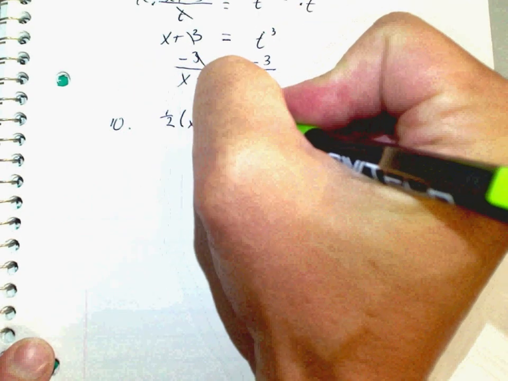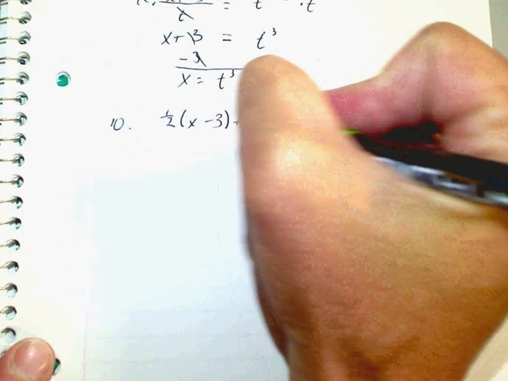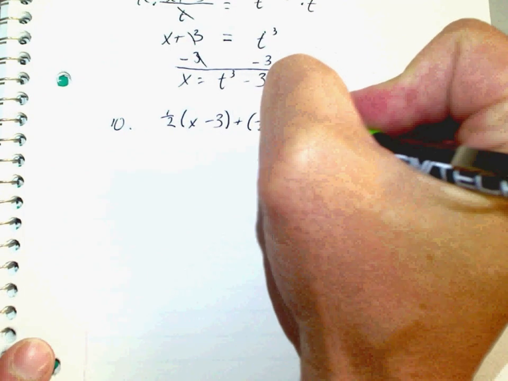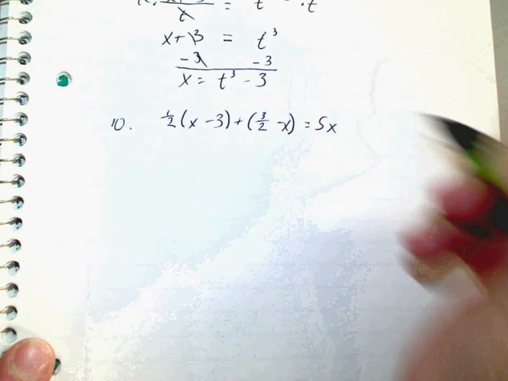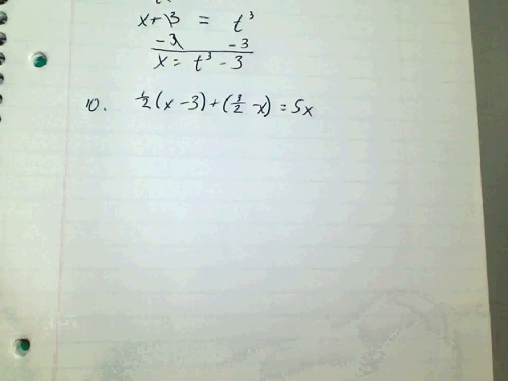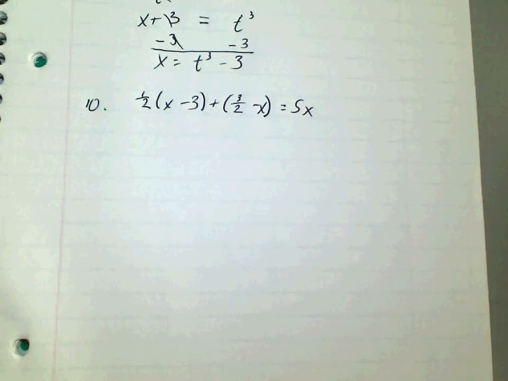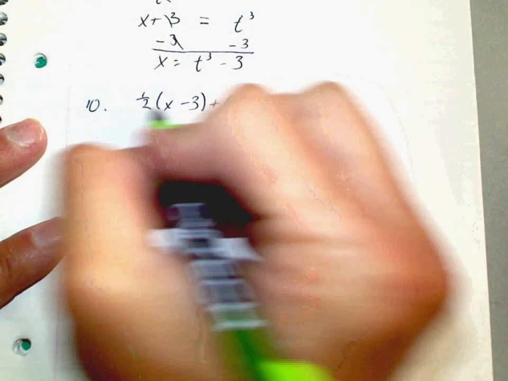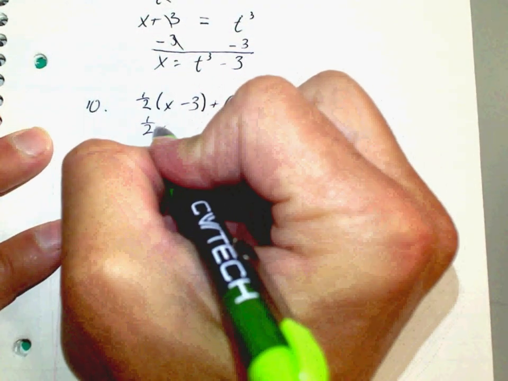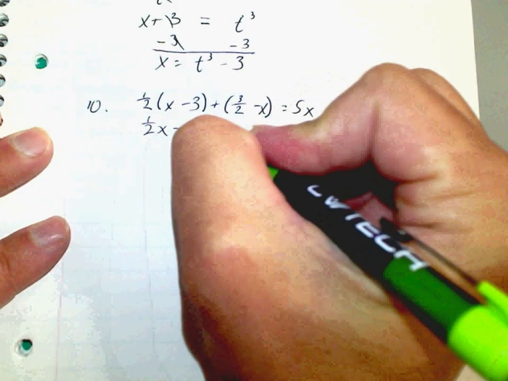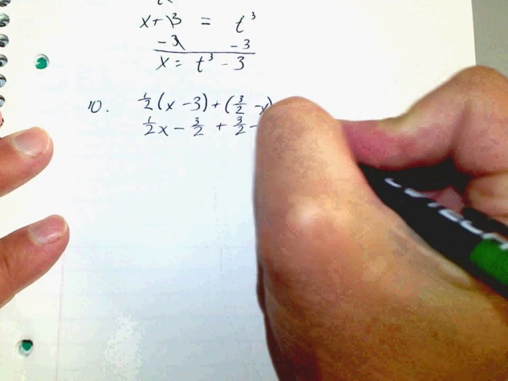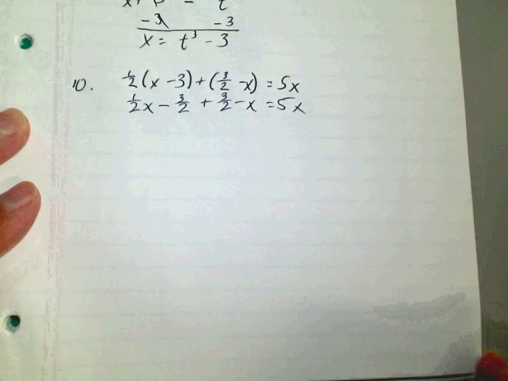But if you were doing pencil and paper, oh, I remember this one. We end up with x's on both sides, and x ends up equaling what? 0. How does it get there? Well, I'm going to distribute right here. I'd have a 1/2 x minus 3/2 plus 3/2 minus x equals 5x. And what do those 3/2 do to each other?